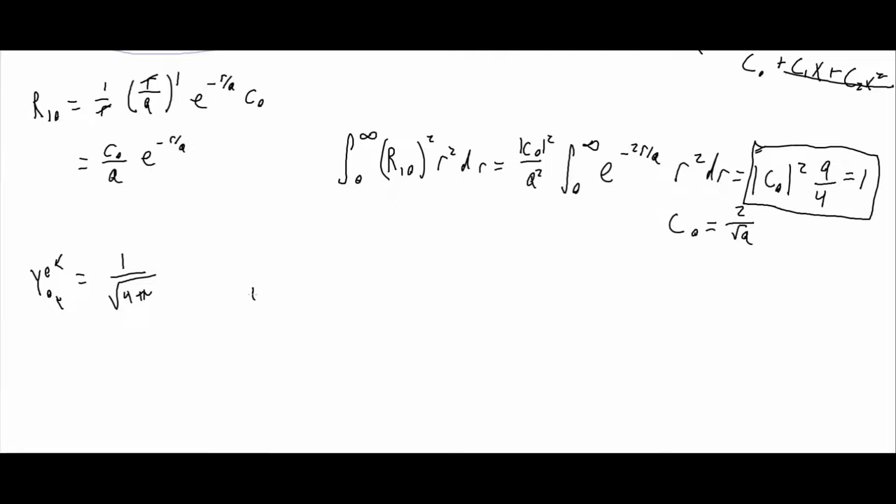And so our full wave function for n equals 1, L equals 0, M equals 0, which is a function of r, theta, and phi, is equal to 2 over the square root of a, that was our C naught, and then from our equation up here 1 over a, and then from the spherical harmonics we get a 1 over the square root of 4 pi.